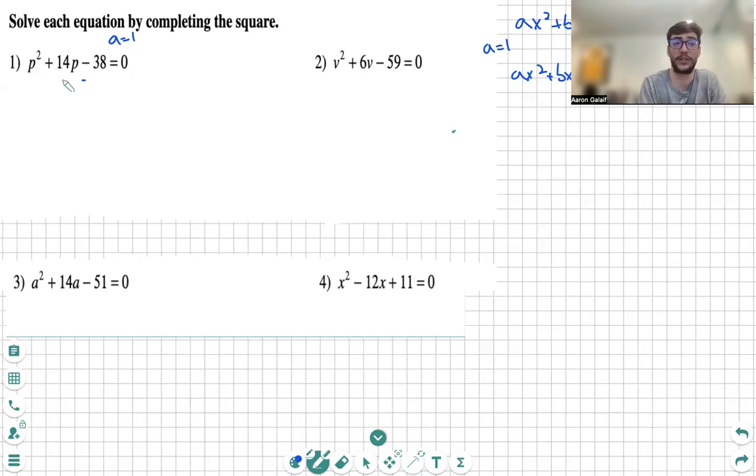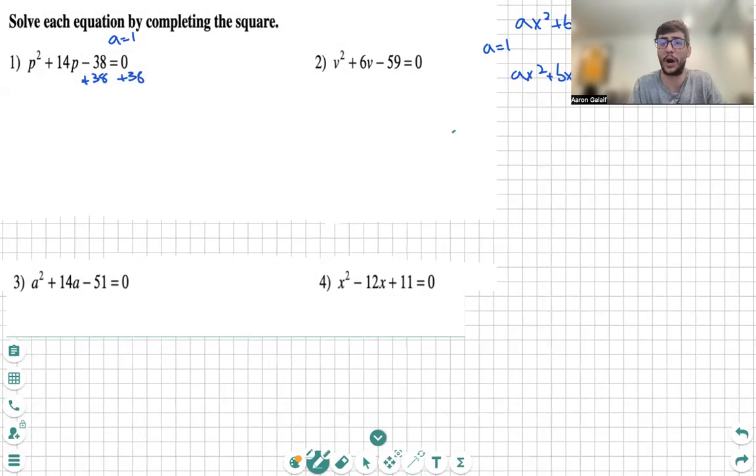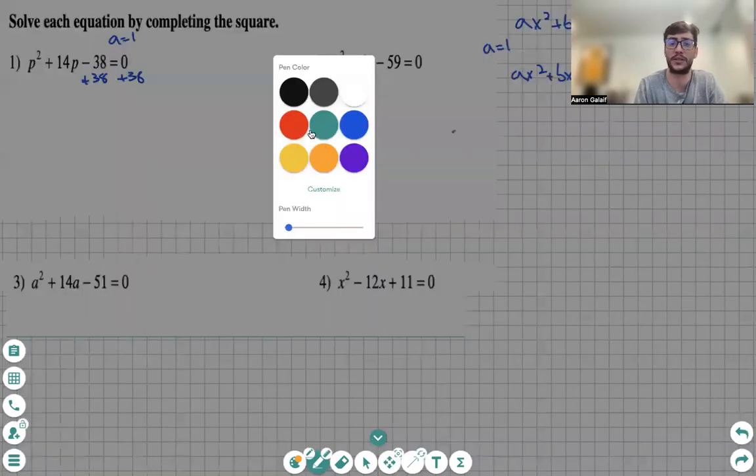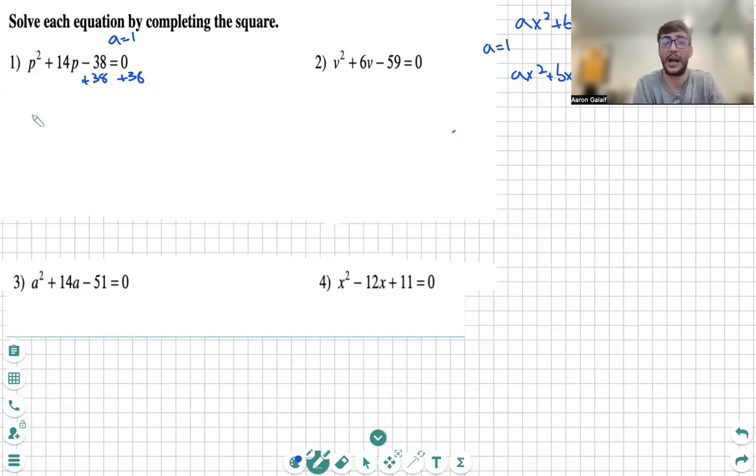The next thing we're going to do is add my C to the other side, or move it. We subtracted it over here, but basically all that happened was that I just did the opposite operation to move it to the other side. So in this situation, we had to add. I will then rewrite everything, add my plus blank to both sides.